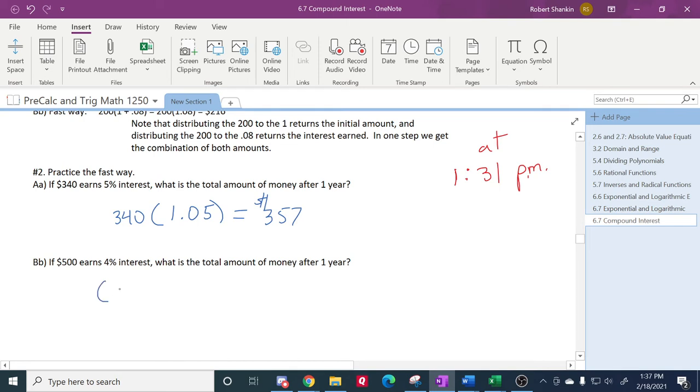And this one, $500 at 4% interest, and you can put the plus in there or leave it out. Sometimes I put it in, sometimes I leave it out, it doesn't matter. This returns the principal, and the interest is going to be $20, so you get the whole thing, $520.